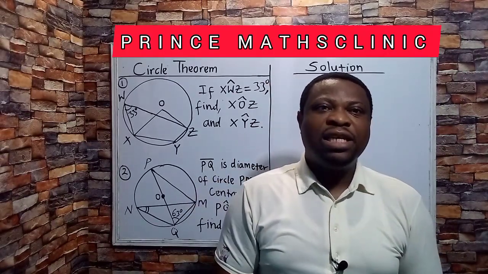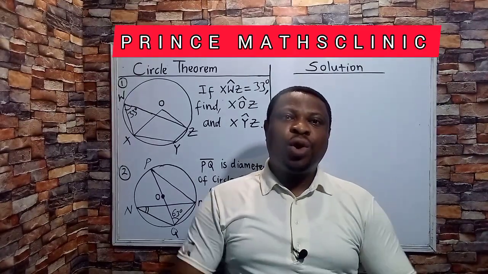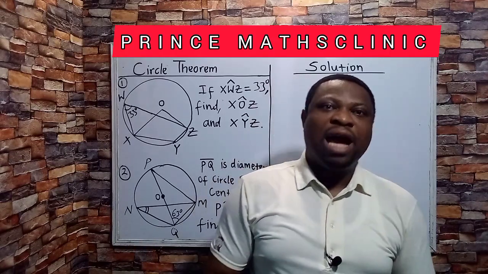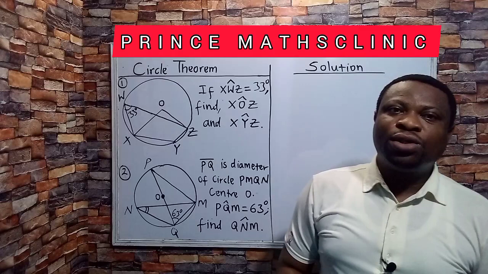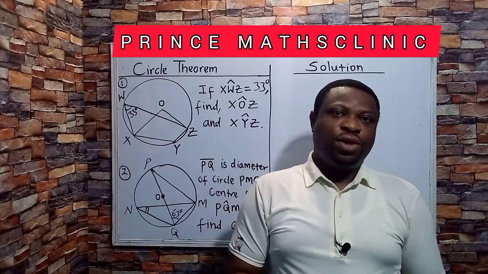And interestingly, when the chord goes through the center of the circle, we call it a special chord, and it has a name called diameter. Now, with that in mind, let us look at some of the theorems in circle theory.